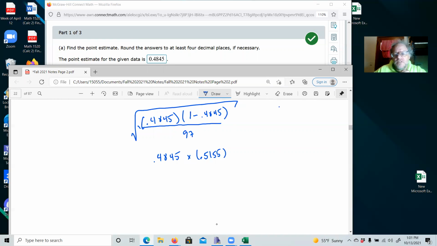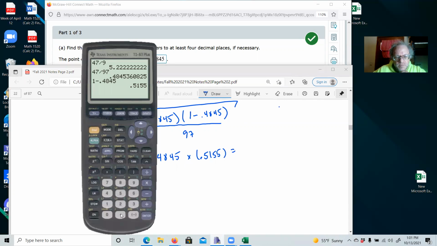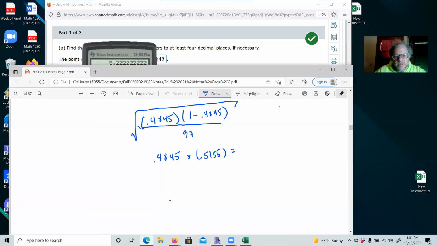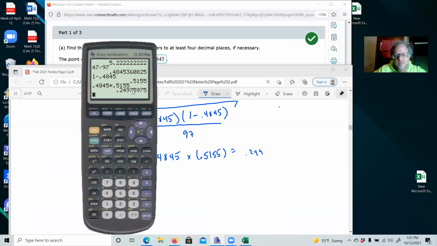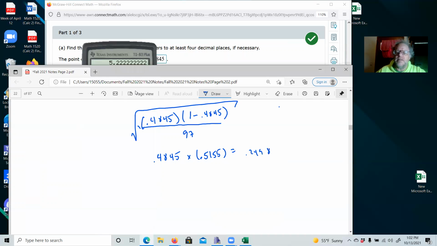All right, so what's that equal to? 0.4845 times 0.5155, and about quarter-ish, right? 0.249. We're rounding to 4 decimal places, so the 7 is going to turn into an 8, so 0.2498.